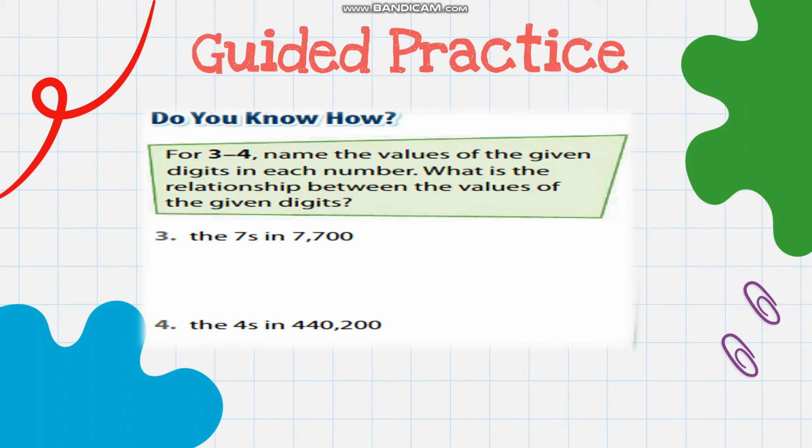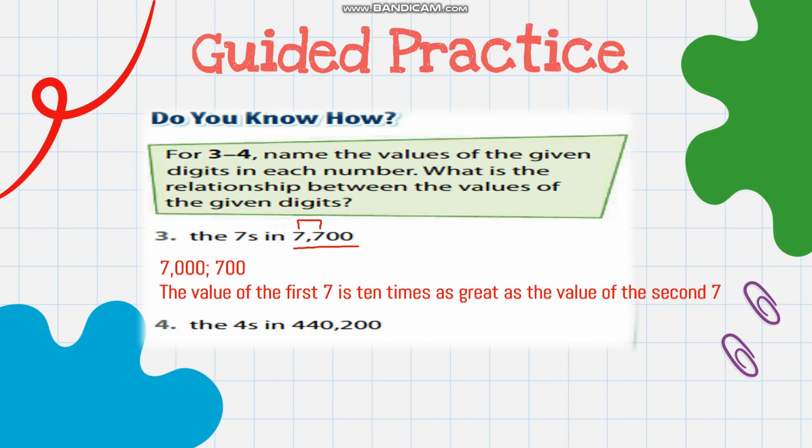Now, name the values of the given digits in each number and what is the relationship between the values of the given digits. So the 7s in 7,700. So you're going to compare the two 7s. But before you compare, you need to find out first the value of each digit. So the value of the first digit is equivalent to 7,000 because 7 is in the thousands place.